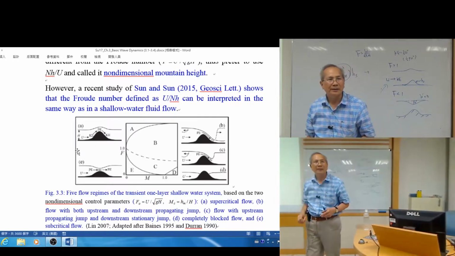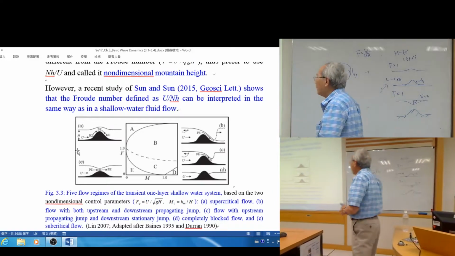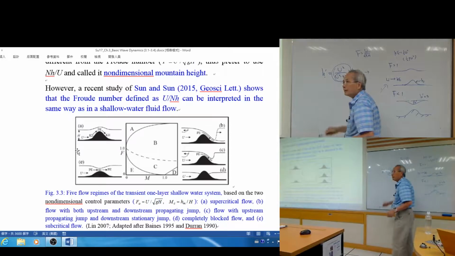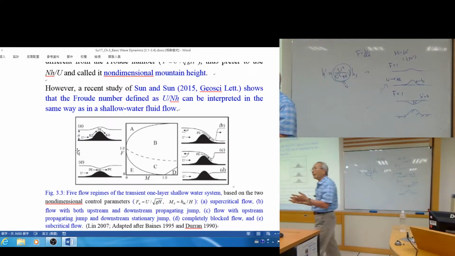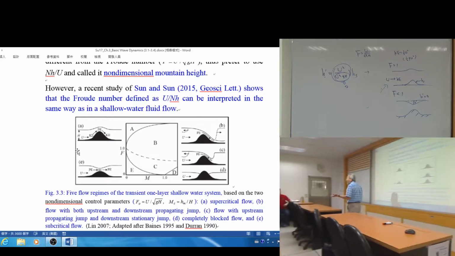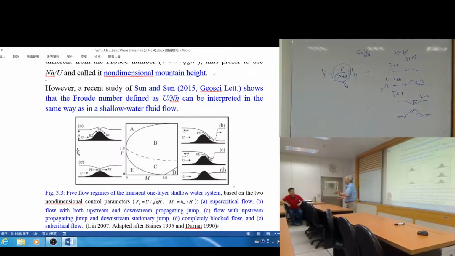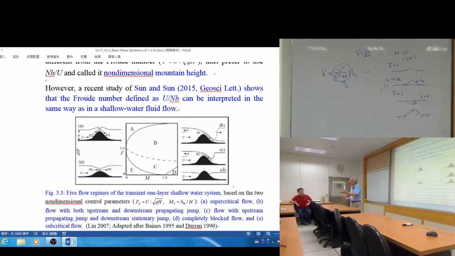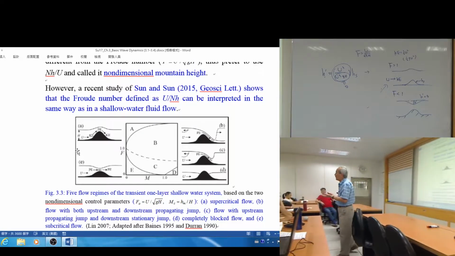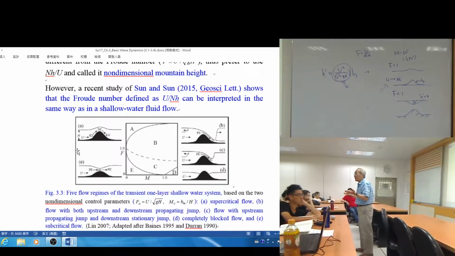When this is equal to 0, you have no solution. We just assume it's non-zero, one positive, one negative. So when it's zero, what happens? When it's zero, it's called the critical state.